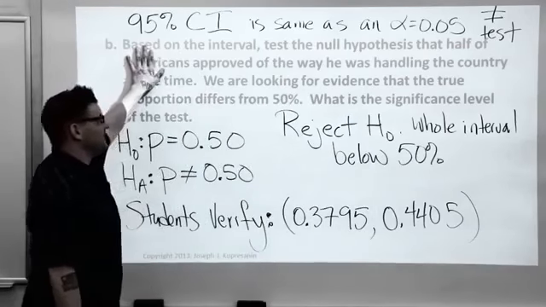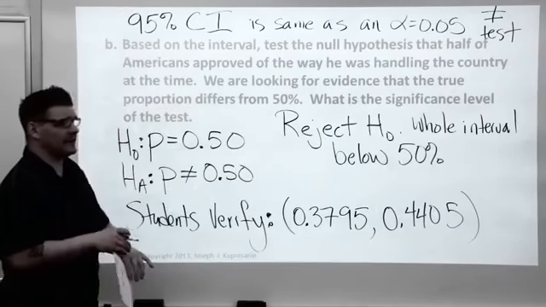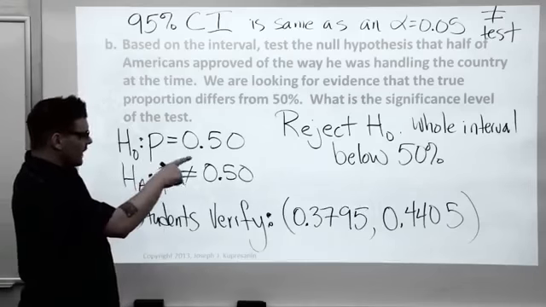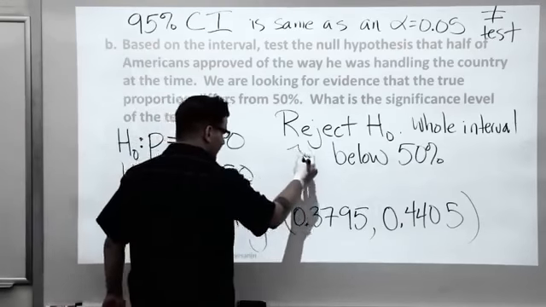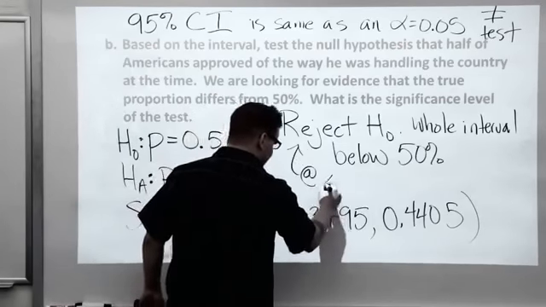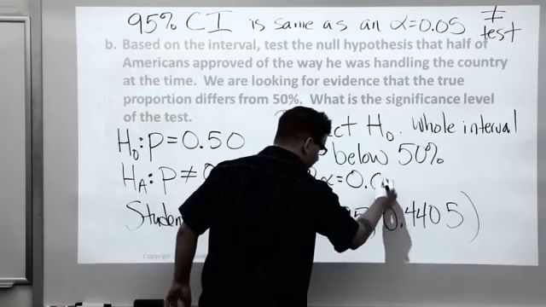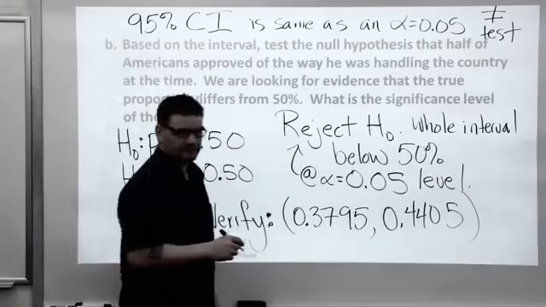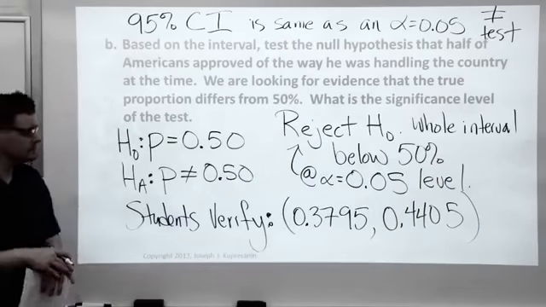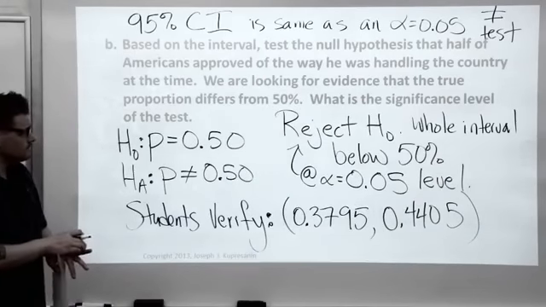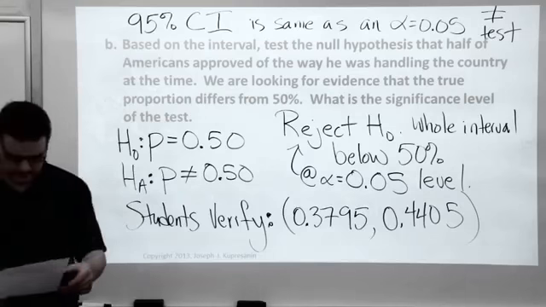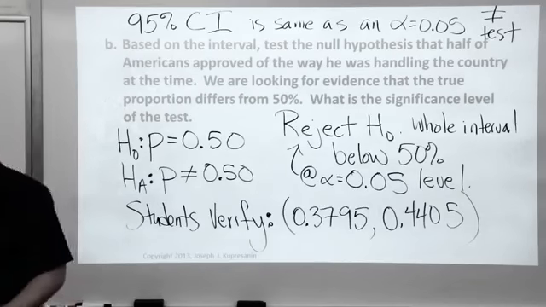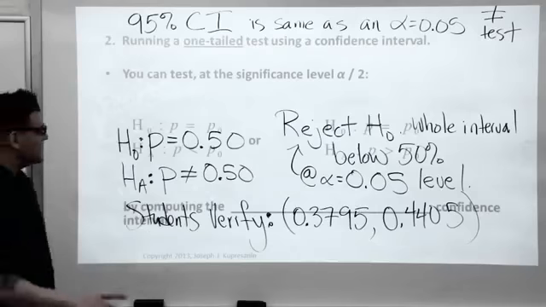A 95% confidence interval is the same as an alpha 0.05 test. So when we rejected the null, we did so at the alpha 0.05 level. Easy as that. Down at the bottom.